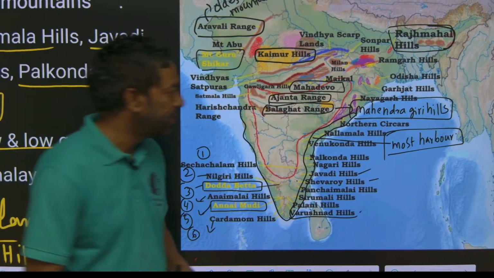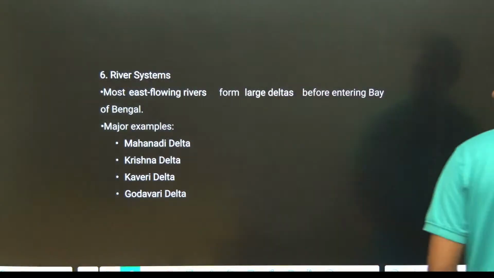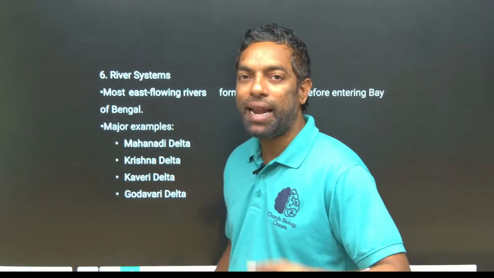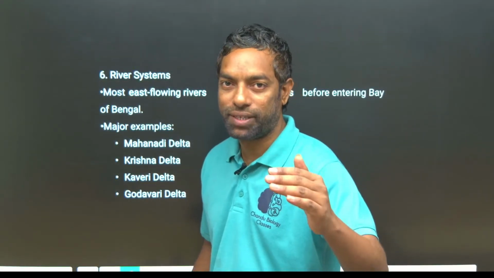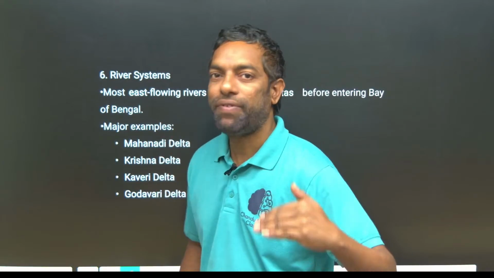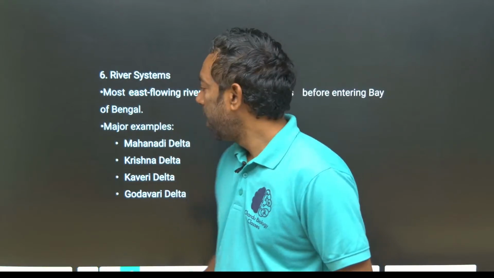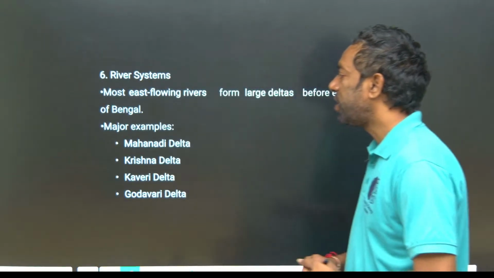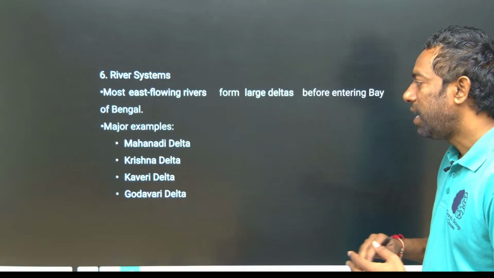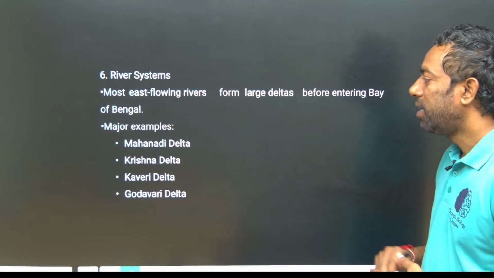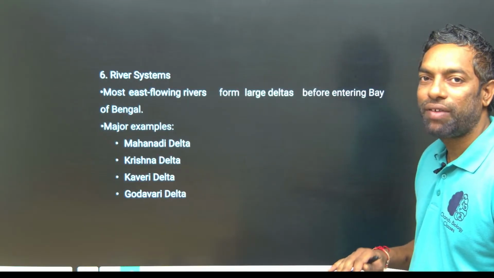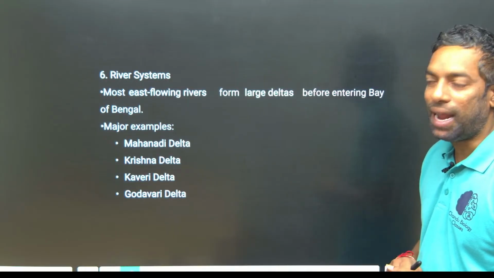And next, the river system. This is the mainland river system, not the Himalayan river system. Himalayan is a separate feature, guys. The main mainland rivers form the Mahanadi Delta, Krishna Delta, Godavari Delta and Kaveri Delta. These are the places where rivers flow in the Indian mainland.